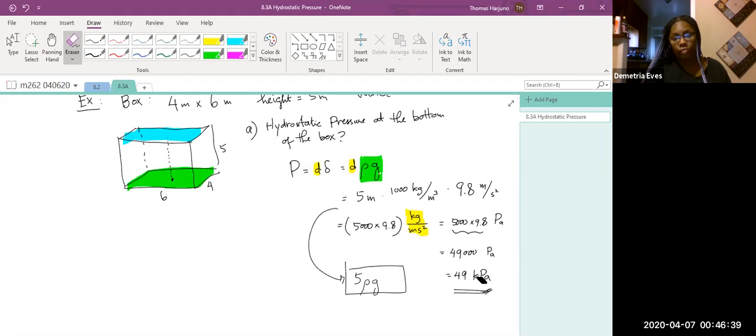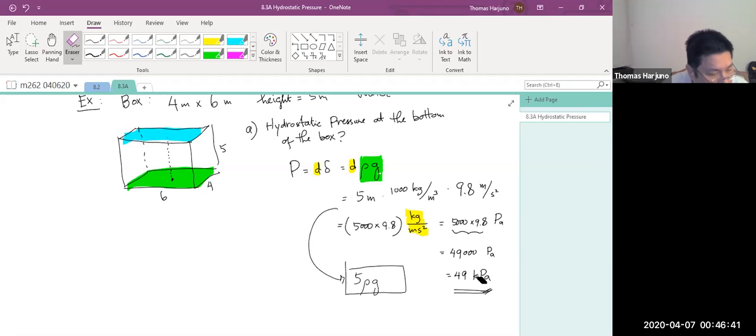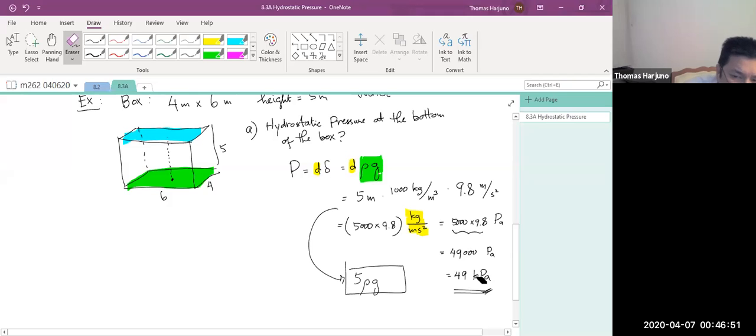Now, I hope that explains why humans usually are not allowed to dive deeper than, like, 300 meters without, I'm sorry, not 300. I think 30 meters without any tool. Your ear, at least, will not be able to handle the pressure. Imagine the water above you will try to crush your body, right?